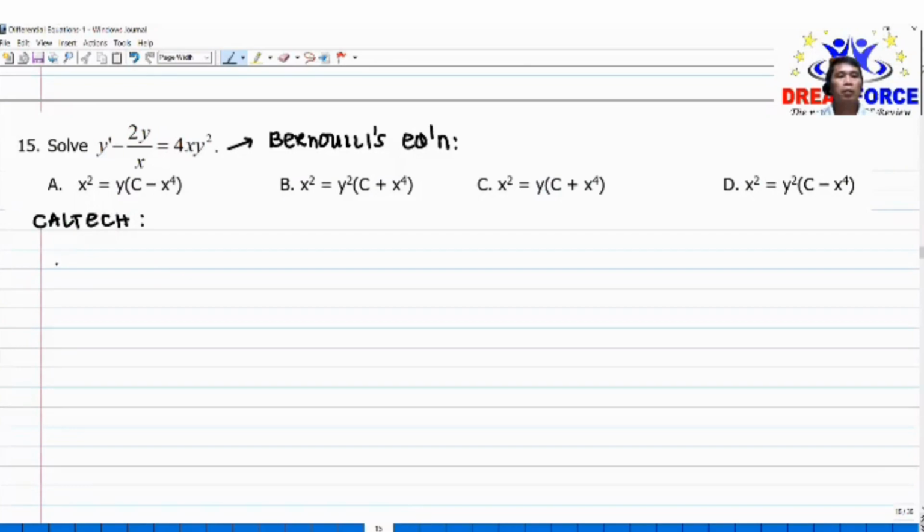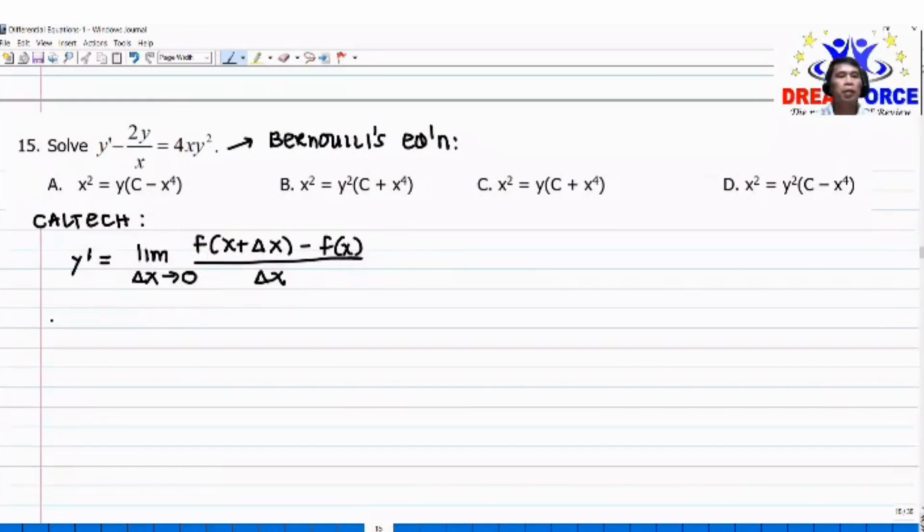Okay? So, yung y prime, so from the equation, yung derivative, yung y prime is equal to the limit of function of x plus delta x minus function of x all over delta x as delta x approaches 0.